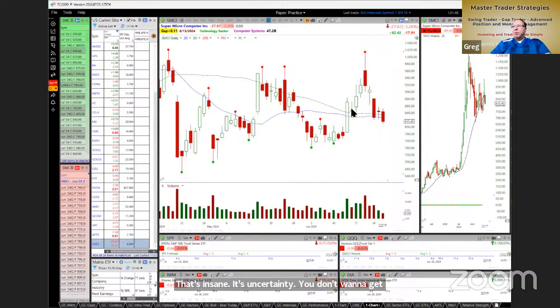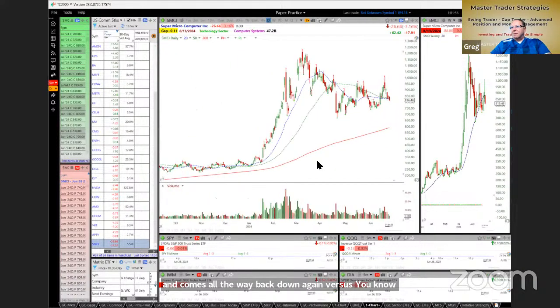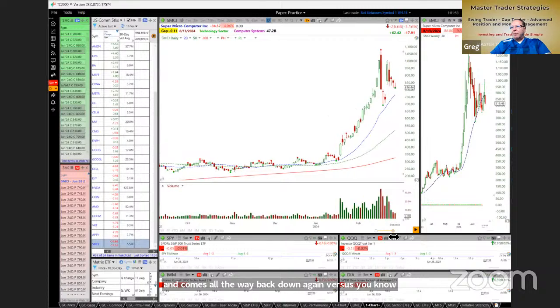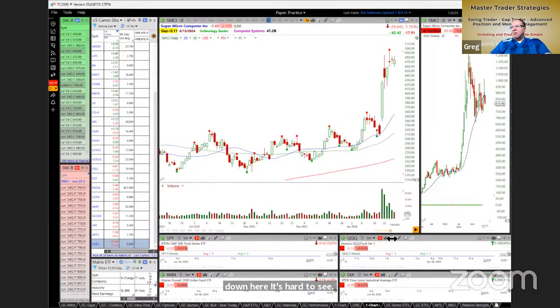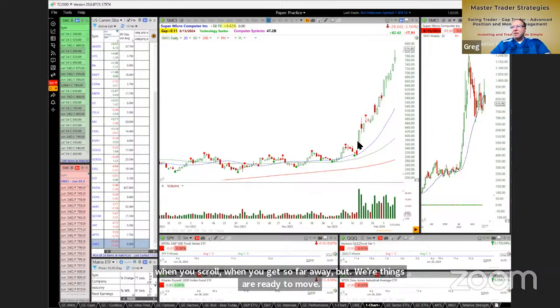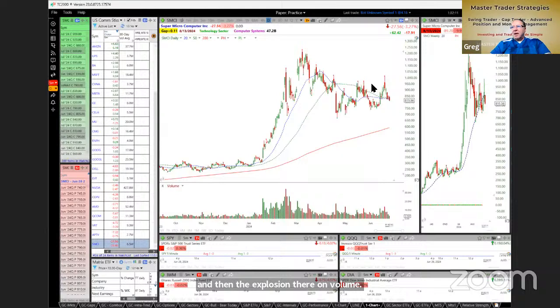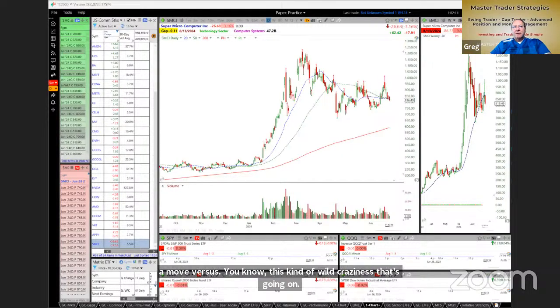The wide range bar here, and it comes up and comes all the way back down again, versus down here, it's hard to see when you get so far away, but where things are ready to move, they tend to get tighter. Look at the moving averages and then the explosion there on volume, igniting a move, versus this kind of wild craziness that's going nowhere. Right. It hasn't started to tighten up.